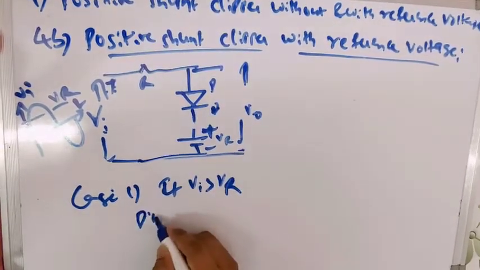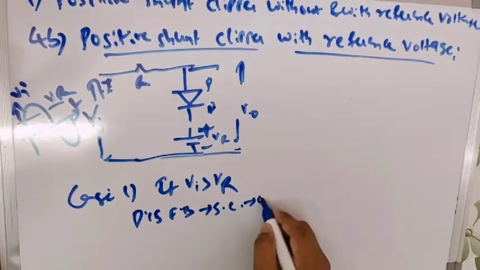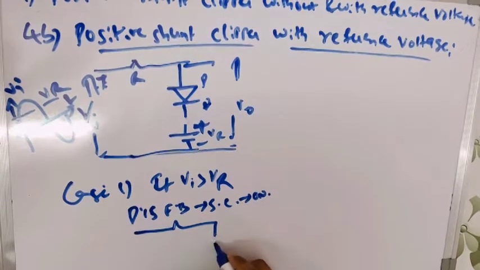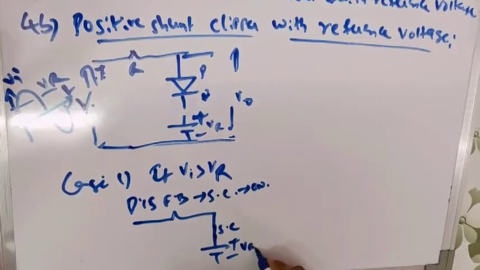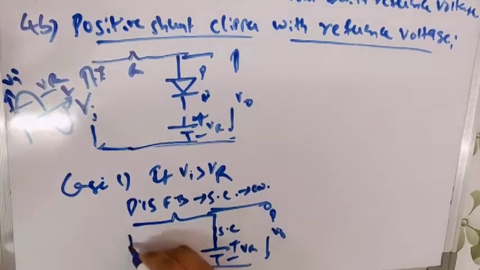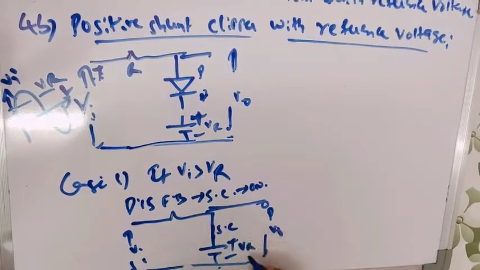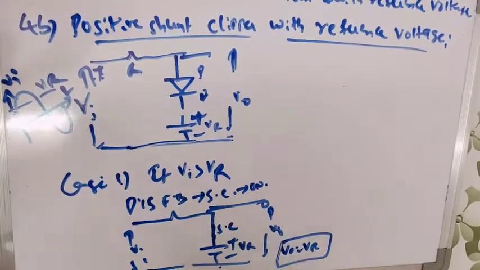The diode is considered a short circuit, an on switch. So when the diode is forward biased, what will be the output voltage across the output terminals? It is restricted to Vr here, because this terminal is at only the reference voltage. Therefore V0 is equal to Vr.